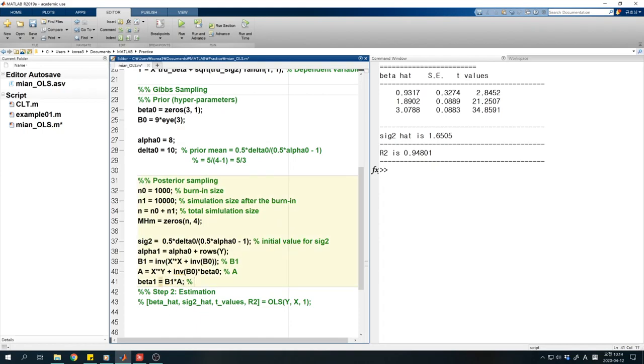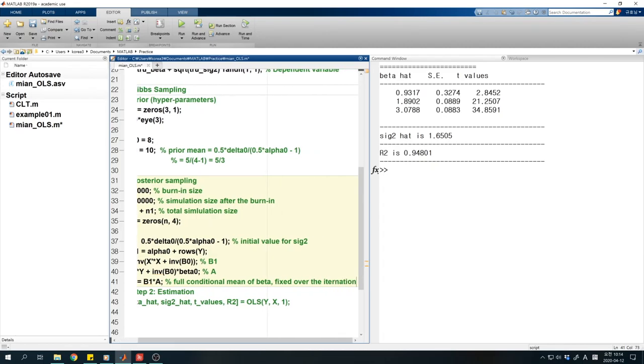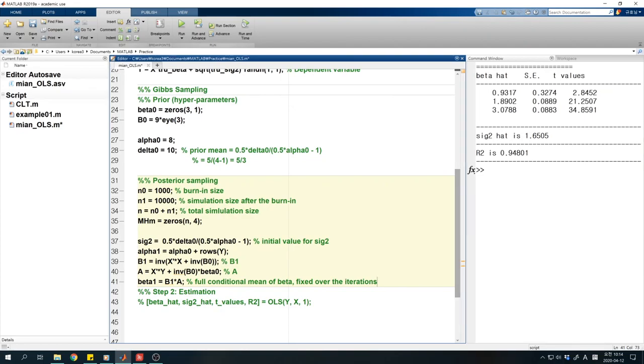This is the full conditional mean of beta. It is fixed over the iterations. That's why it's computed before the iterations. Okay.